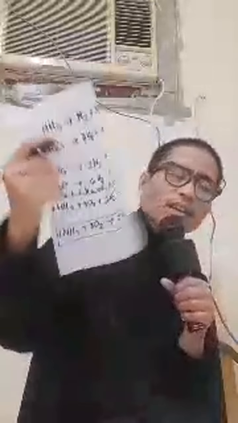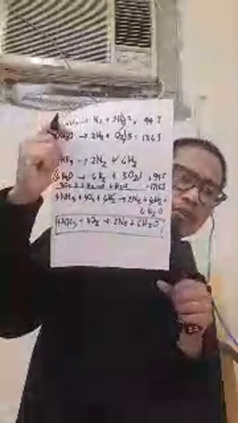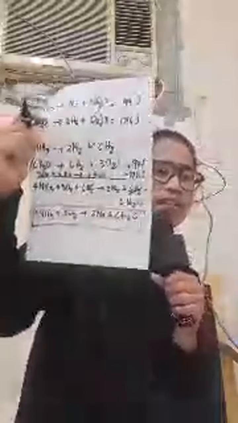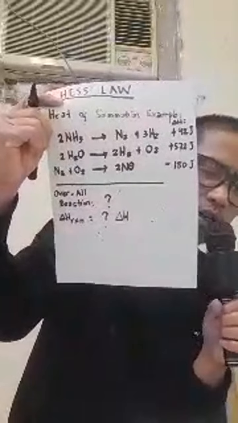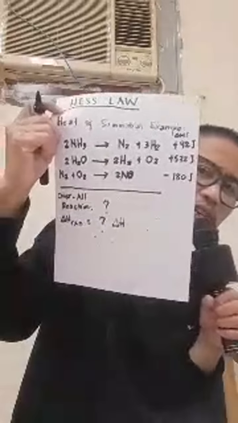Now we have the third reaction, N2 plus O2 is equal to 2NO. What you will observe in this reaction is that there is nitrogen gas, 2 moles of nitrogen gas, in the product side. And the third chemical reaction here, N2 plus O2 is equal to 2NO.